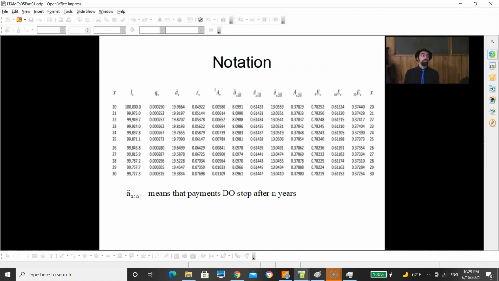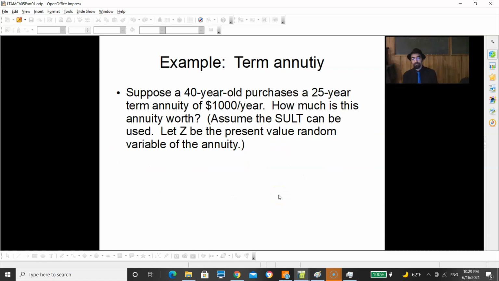So that's equal to the probability of survival times however many years of discount you need. So if you get confused about any of that notation, just return back to this part of the presentation. And so here's kind of your one stop for all the annuity notation. All right.